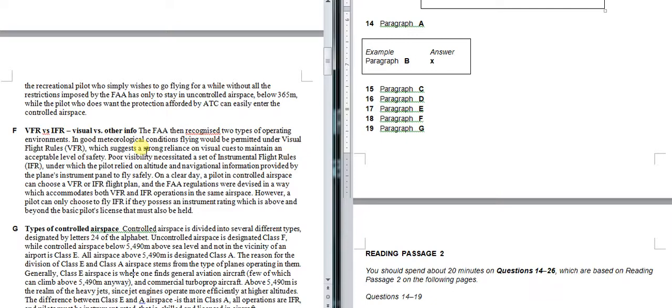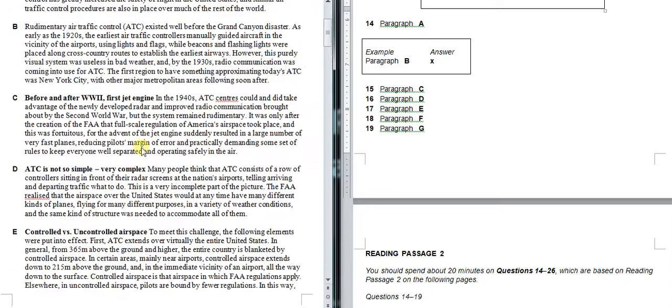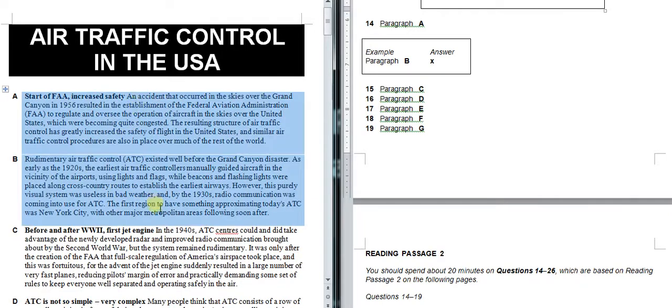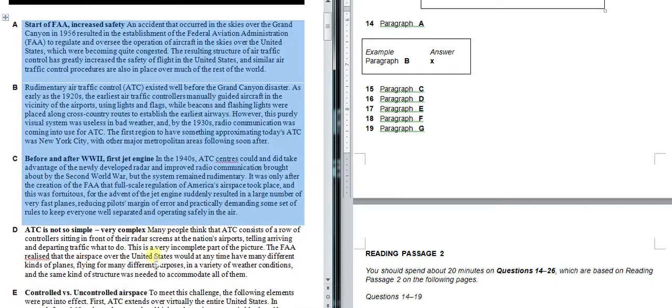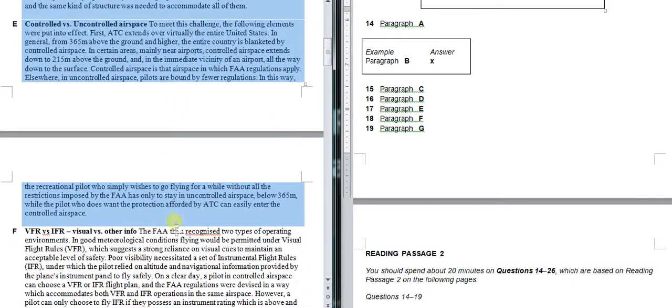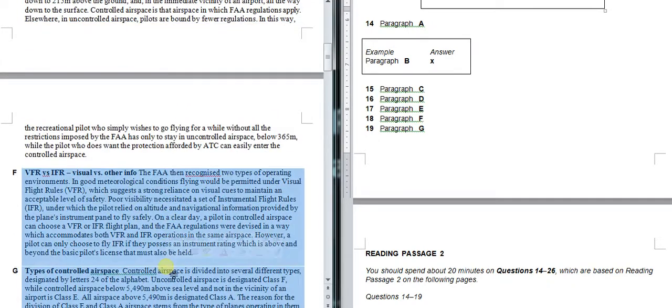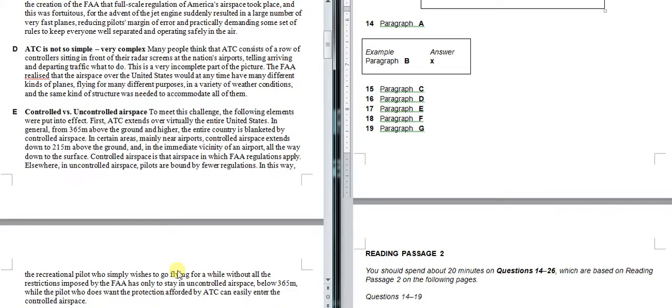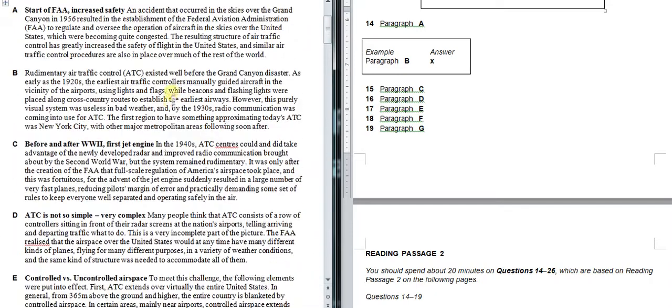Okay, trying to think what is the writer going to want to say about this topic? You have to start to think like air traffic control in the USA. They need to cover sort of the history of air traffic control, and now tell us what different things are considered when you think about air traffic control. Okay, and we should be able to break that up.